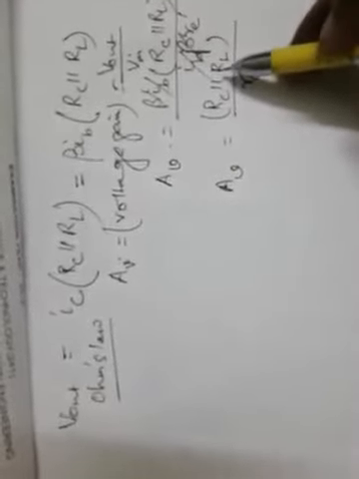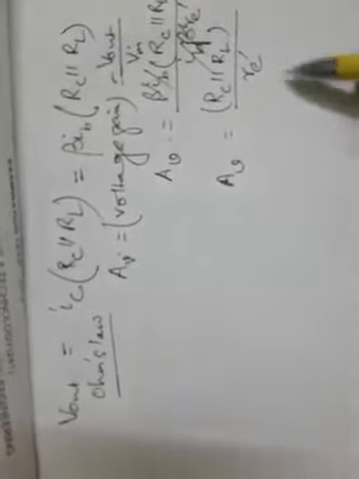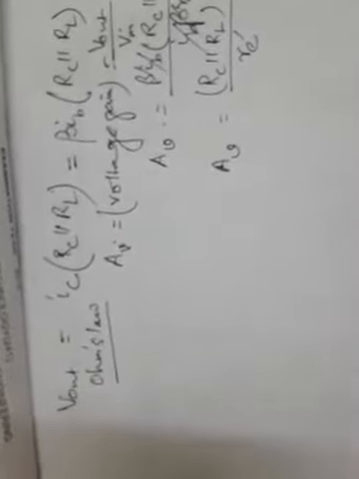So we can say that the voltage gain depends on the two output collector circuit resistances RC and RL, that is, the load is also involved here, and it also depends on the AC emitter resistance of the input circuit or the base circuit of the CE mode transistor amplifier.